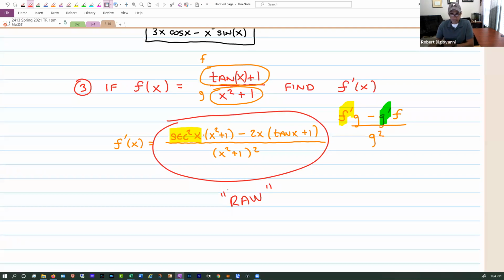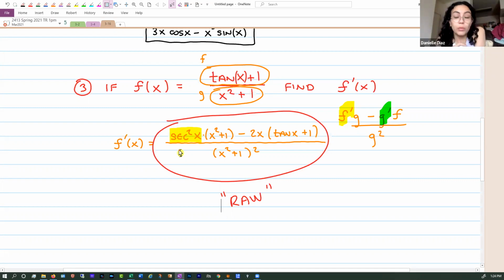I have a quick question. Yes, what's up? So the secant squared x times the x squared plus 1, that's not something that would be considered within it, like in the chain rule, right?